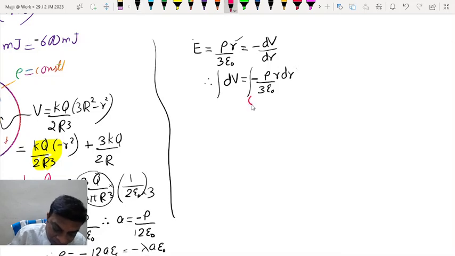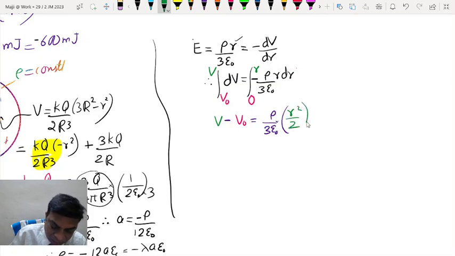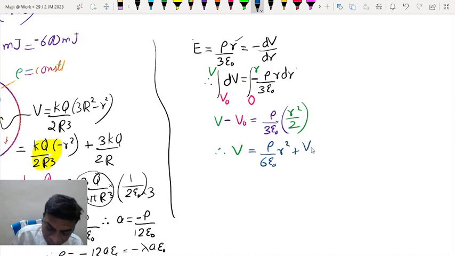Initially, at the center, let us say the potential is V naught, and somewhere at a distance r, let us say the potential is V. So after substituting the limits, you get V minus V naught is equal to minus rho upon 3 epsilon 0 into r square by 2. So therefore, you can very easily see that V is equal to minus rho upon 6 epsilon 0 into r square plus V naught.